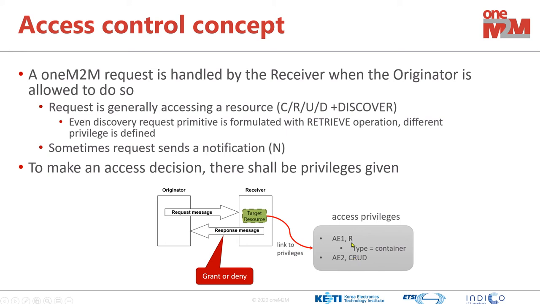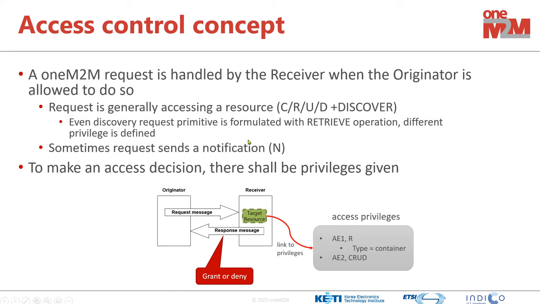In the example, I mentioned the privilege for the retrieve operation, or create, or update and delete, and we have also defined in the oneM2M specification the privileges for discovery as a separate one. Even though discovery can be requested with the retrieve operation, an ordinary retrieve is different from discovery, so it is a separate operation in the privilege setting.